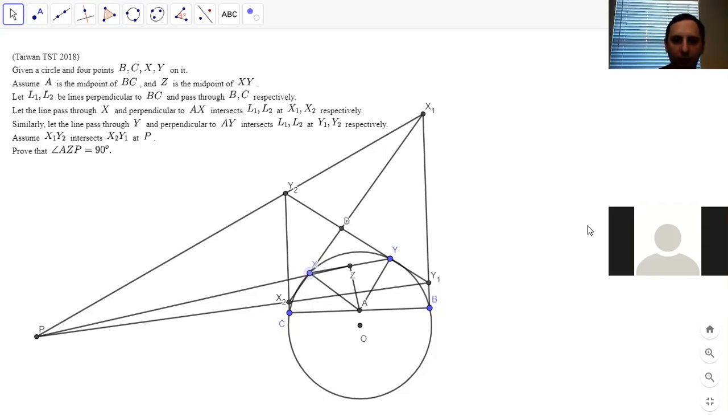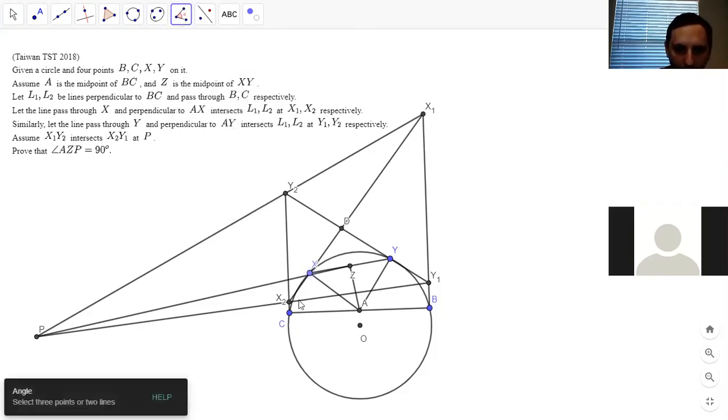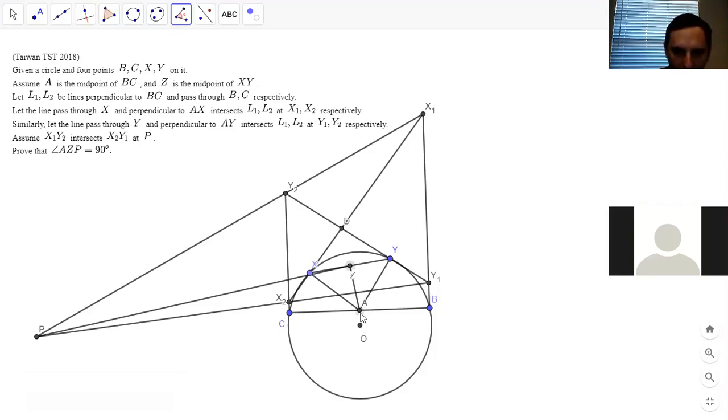So it's the same as showing angle OZA equals angle XZP. But I don't think those triangles are similar, right? I would be surprised, although it's possible. So we could try to calculate angle ZAO is 169, and angle PXZ. Yeah, so they're not similar triangles.